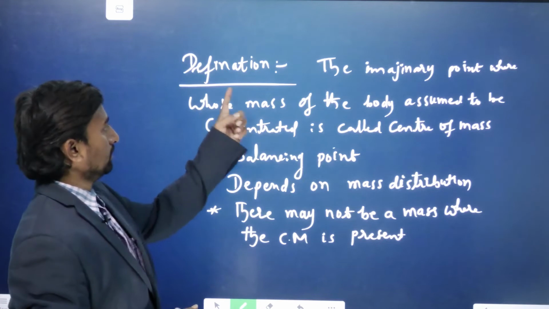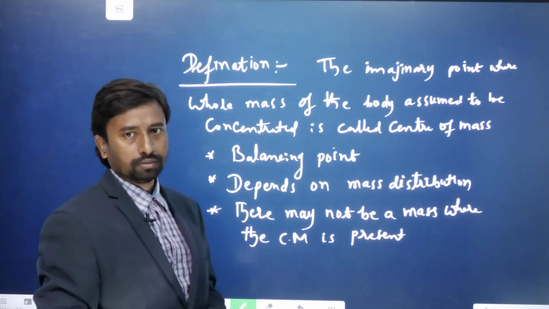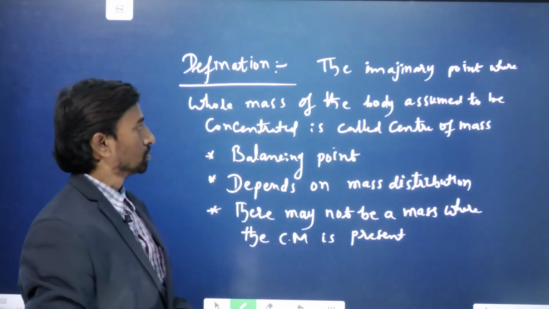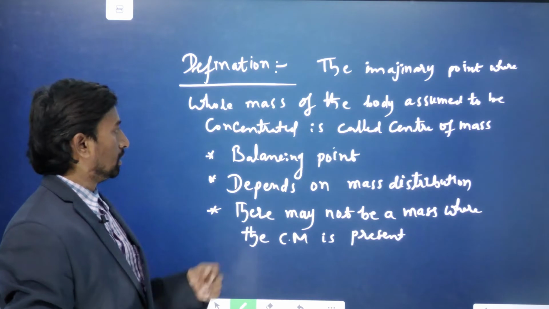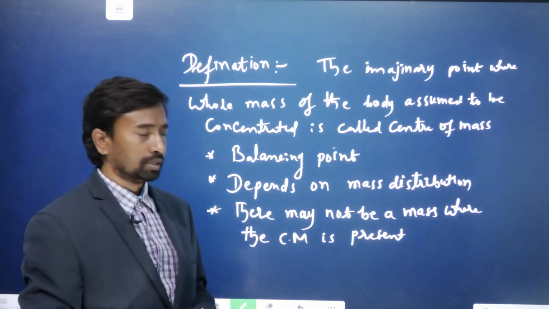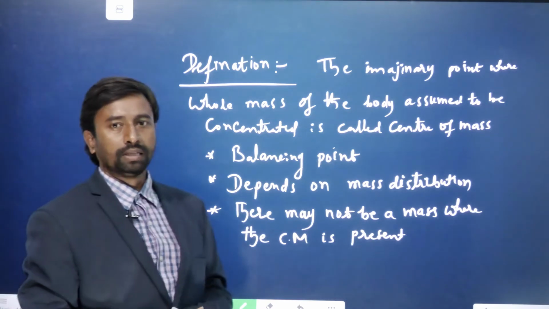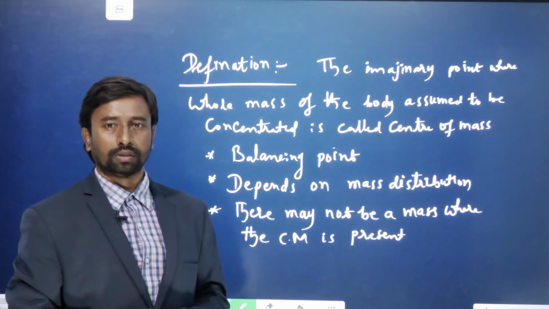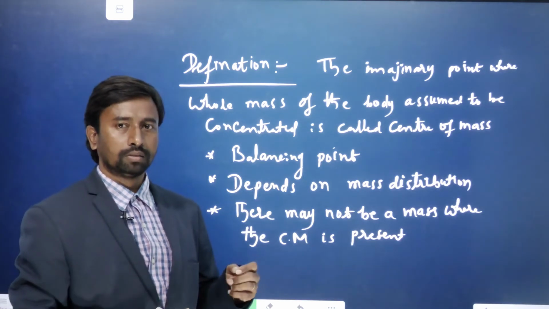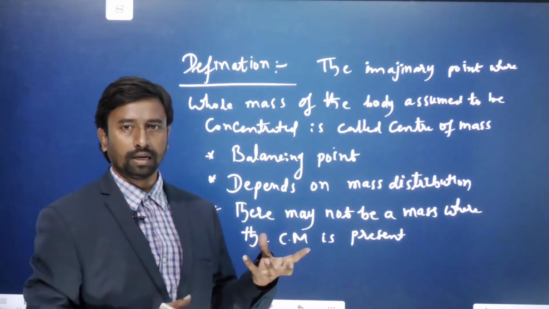Understood? The definition of the center of mass is nothing but an imaginary point where the whole mass is assumed to be concentrated, and it is a balancing point. It depends on the mass distribution, and mass may or may not be present where the center of mass is situated. Like we can take the example of the bangle.